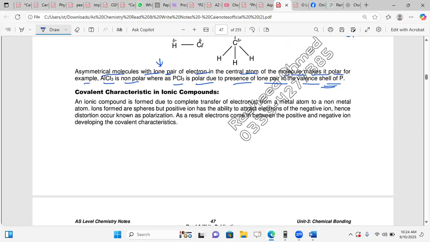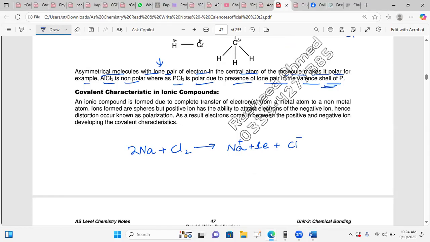After that, covalent characteristics in ionic compounds. An ionic compound is formed due to complete transfer of electrons from a metal atom to a non-metal atom. We know about that. As an example, Na plus Cl2 gives 2Na. Then what is happening? Sodium is losing its electron in the form of plus 1e, and the chlorine is getting that electron.